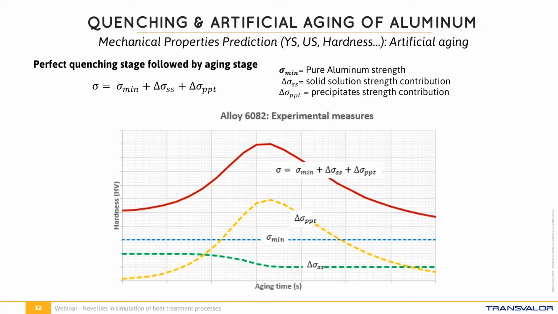Aging is characterized using the Shercliff-Ashby model, which established that the final mechanical resistance is given by the superposition of three contributions: a minimum contribution corresponding to aluminium in its pure state, a contribution due to the additional compounds present in the alloy, and lastly, a contribution given by the precipitates that appear during quenching and aging.